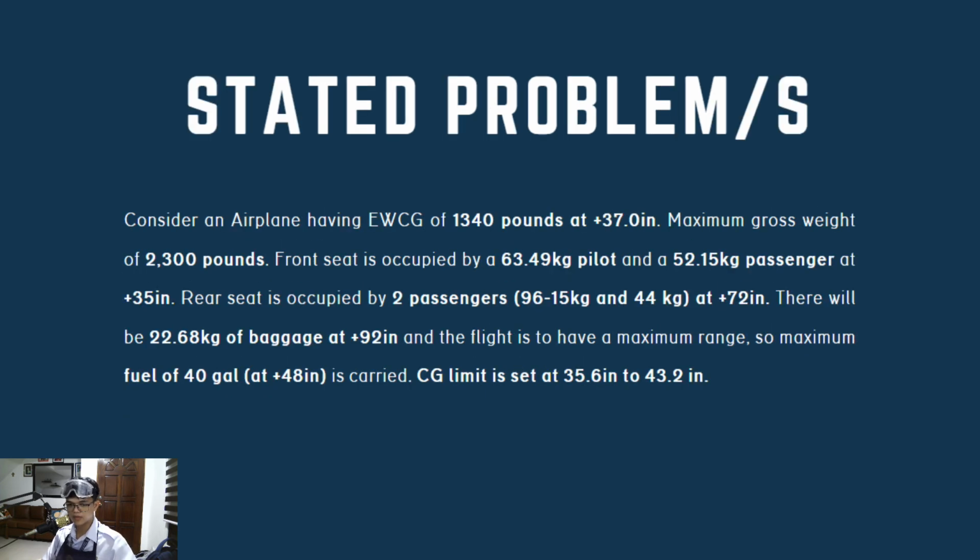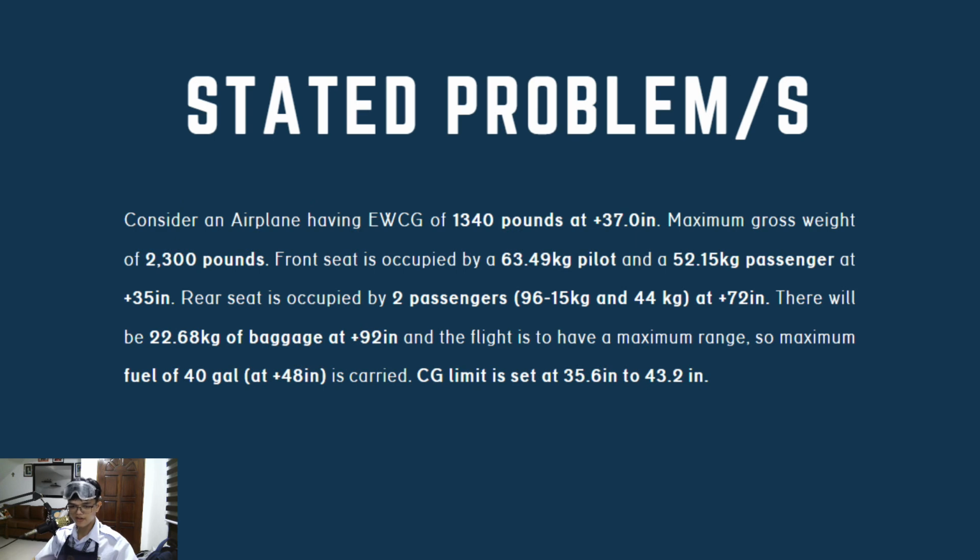So for the stated problems, consider an airplane having an empty weight center of gravity of 1,340 pounds at positive 37.0 inches, maximum gross weight of 2,300 pounds, while the front seat is occupied by a 63.49 kilogram pilot and a 52.15 kilogram passenger at positive 35 inches.